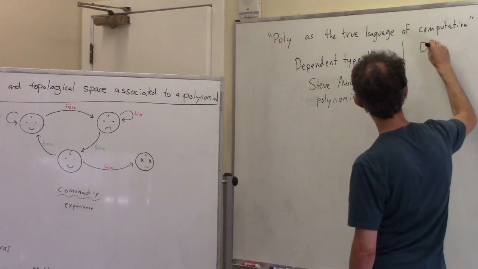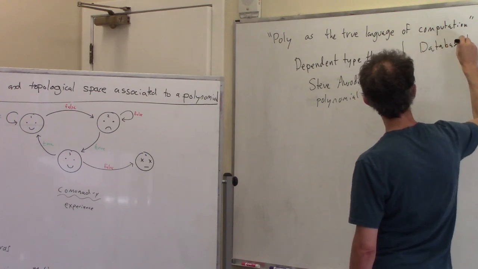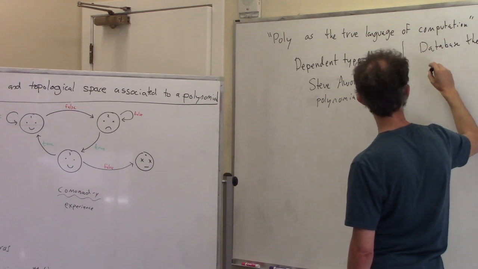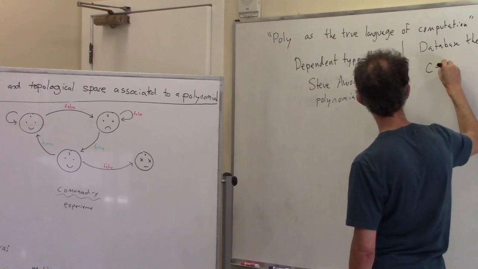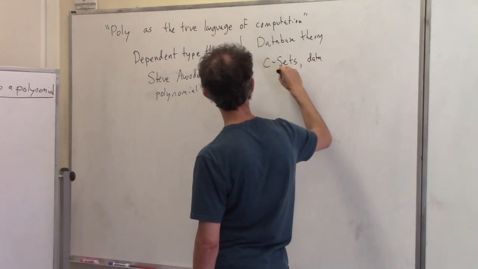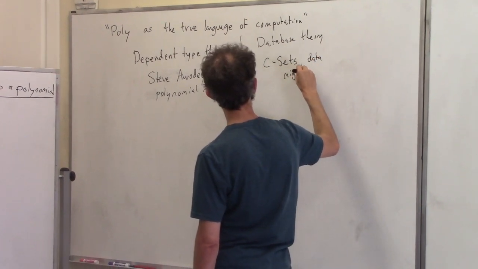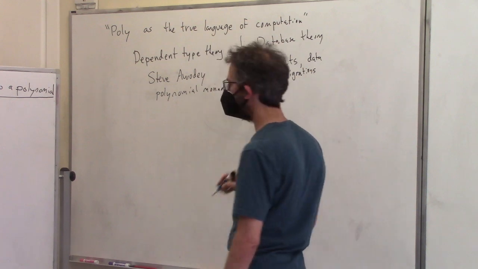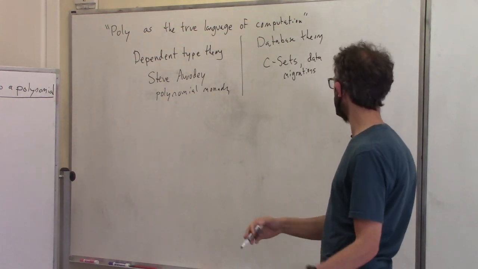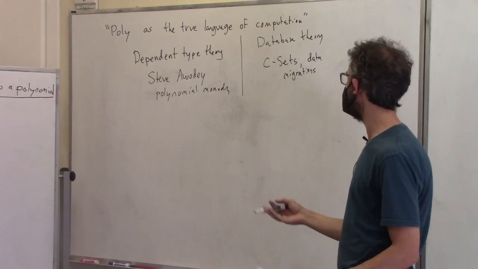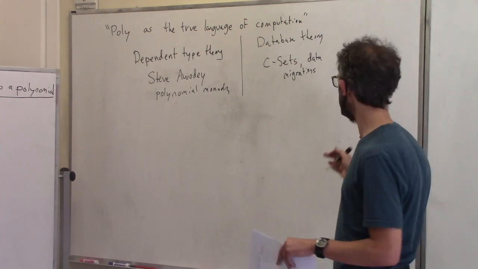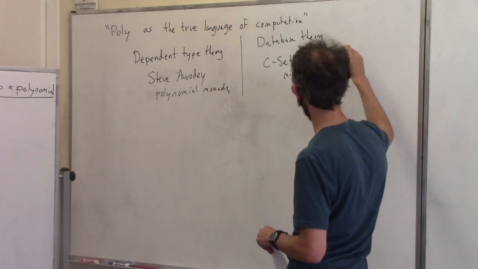There's database theory, and this is really all about C-sets and what are called data migration functors. So being able to turn a graph freely into a reflexive graph, or being able to turn a dynamical system into a graph, or being able to take a simplicial set and then extract the n-simplices or whatever. That sort of stuff is database theory.